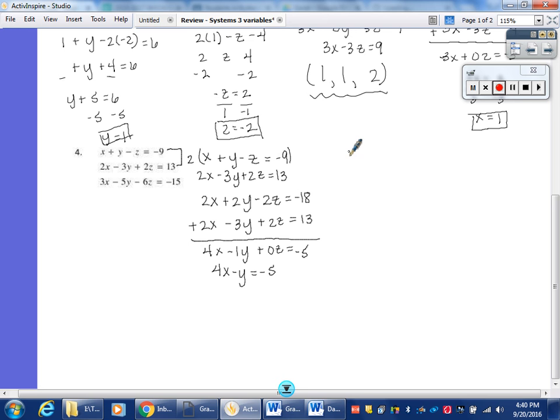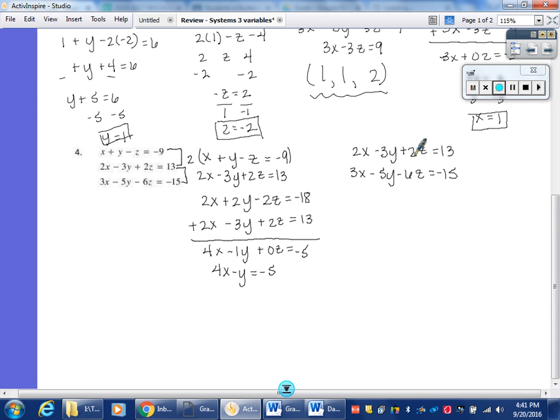All right, I need to use another set of equations to eliminate z as well. So actually, I'm going to go ahead and use the second and third. So this is 2x minus 3y plus 2z is equal to 13. And then 3x minus 5y minus 6z is equal to negative 15.